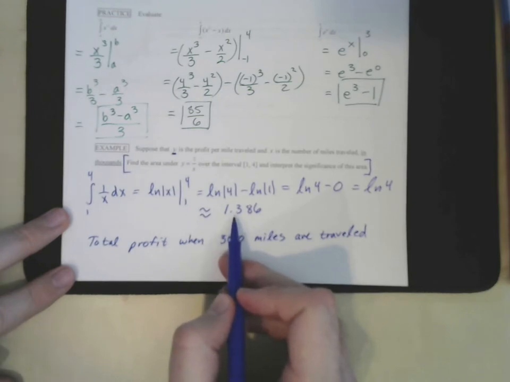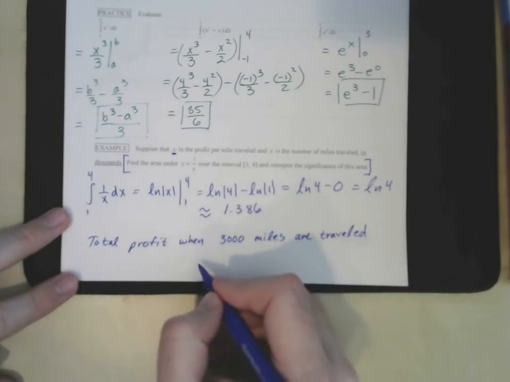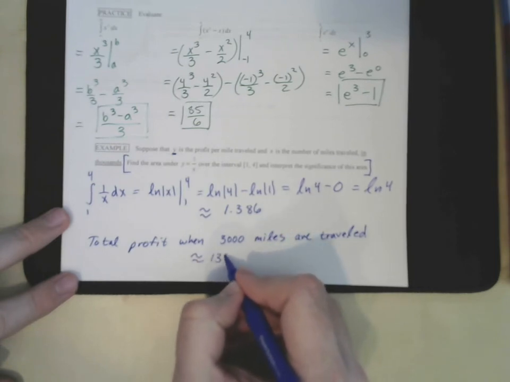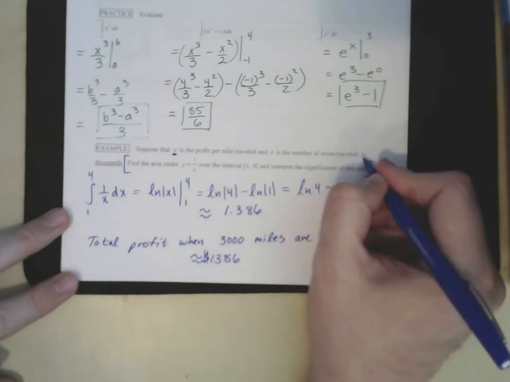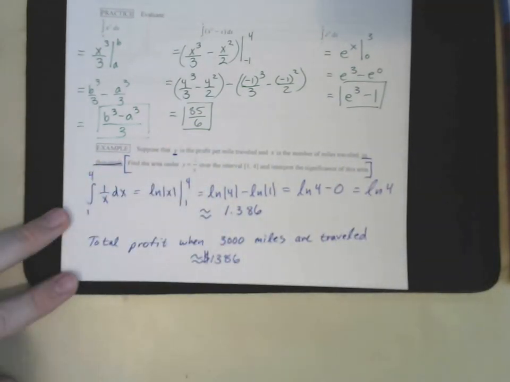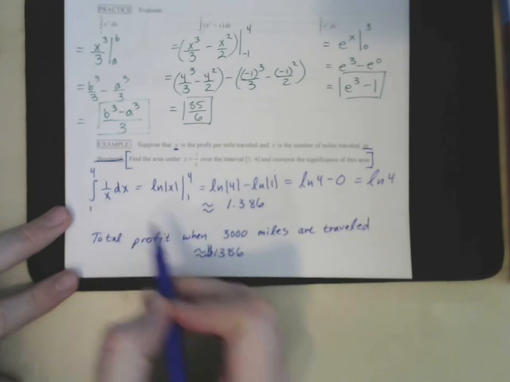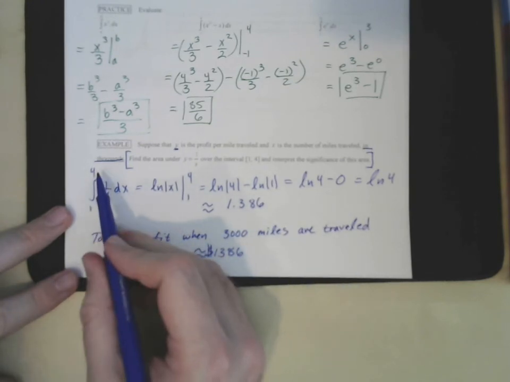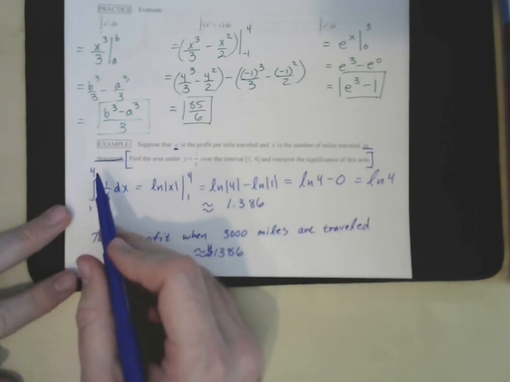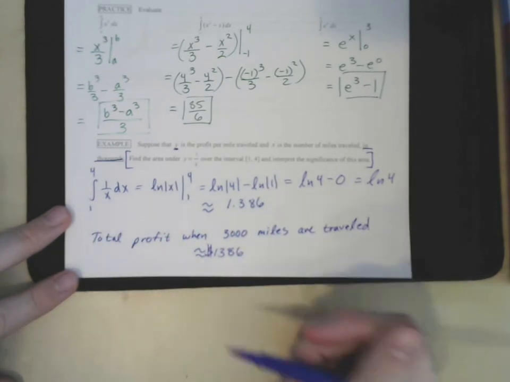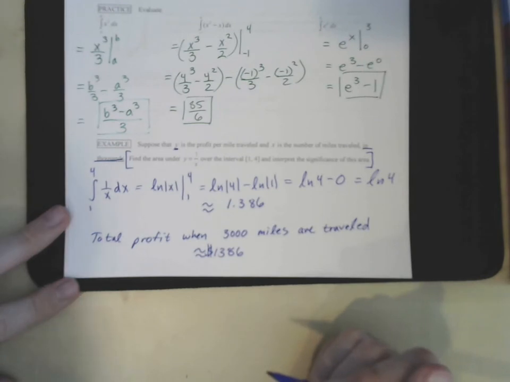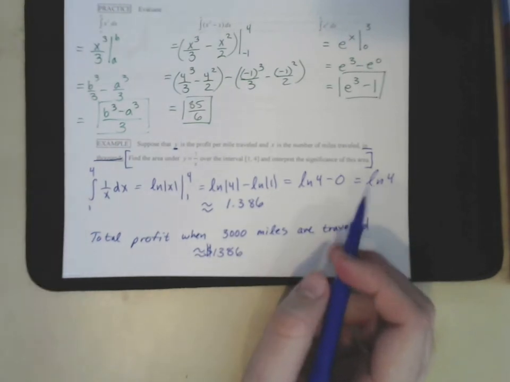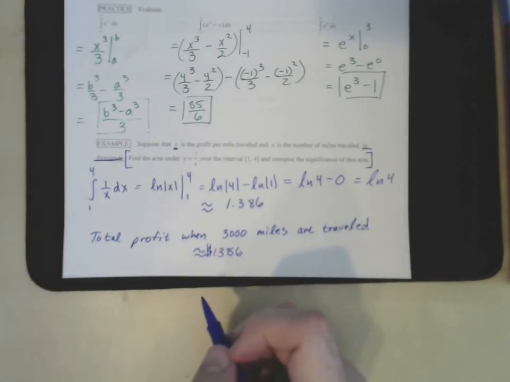So y is per mile, so our profit is about $1,386 per thousand. Because my point here was that both are in thousands in this question. So we get the 3,000 miles because there's 3 between 1 and 4. And since this is in thousands, 3,000 miles. And then the profit is $1,386, approximately. Obviously, the exact profit is ln 4 times 1,000.